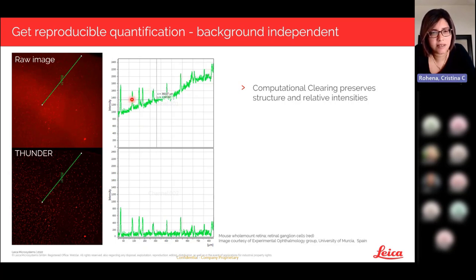If you want to do any comparison here, this actually makes it impossible to run any data analysis for comparing the signal intensities, because it is masked by the background of the image. When you Thunder your image, you remove the background, but you preserve the structure and relative intensity of these peaks, making them now accessible to be quantified and compared.